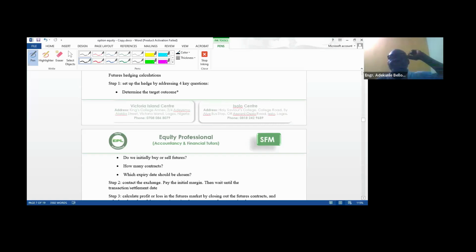Step 1, determine the target outcome, what you are trying to achieve. What we are trying to achieve is to avoid fluctuation in exchange rates.